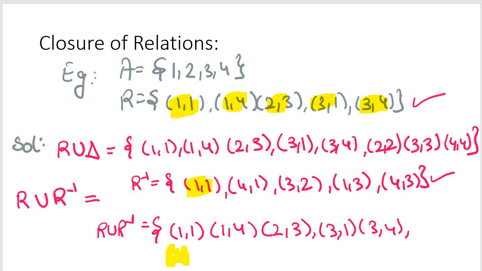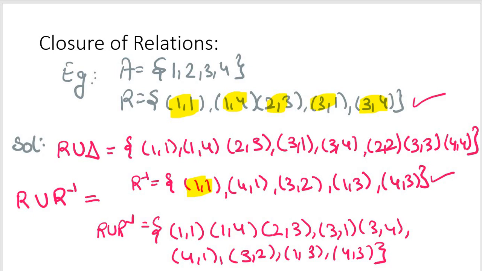Yeah, I'll add it, sorry. And then 3 comma 2, and then 1 comma 3, and then 4 comma 3. That's how I am going to get this. So this thing is giving me the reflexive closure on R, and this thing is giving me the symmetric closure.